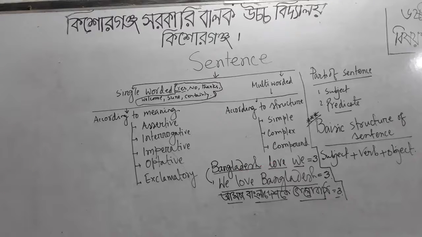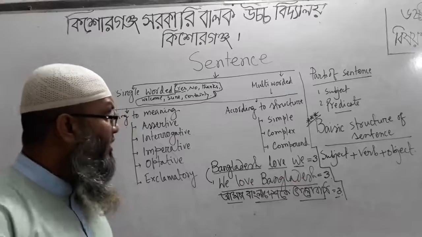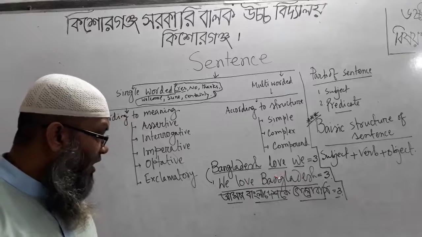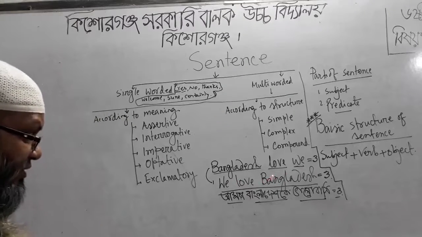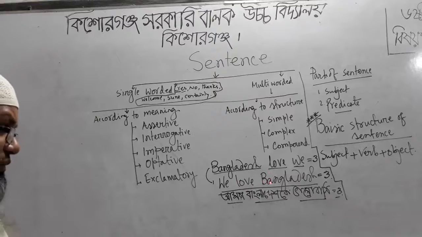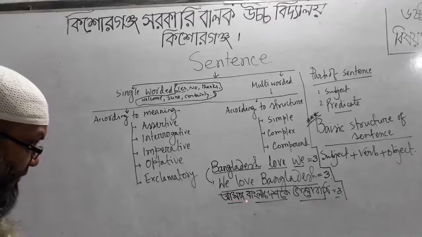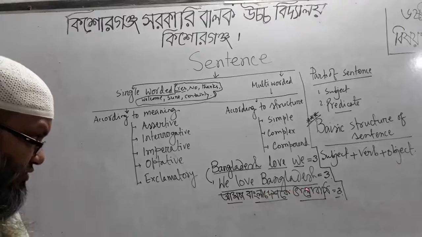Now, what is the precondition of being a sentence? When a group of words discloses the complete sense, then it will be a sentence, not before that. In the same way, I have translated it: Amra Bangladeshke Bhalobasi. There are three words here also.